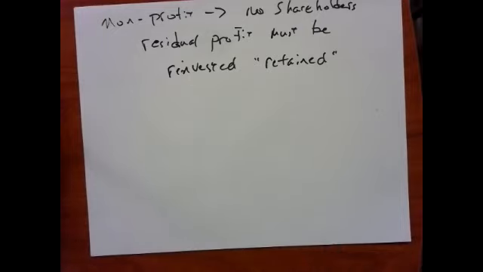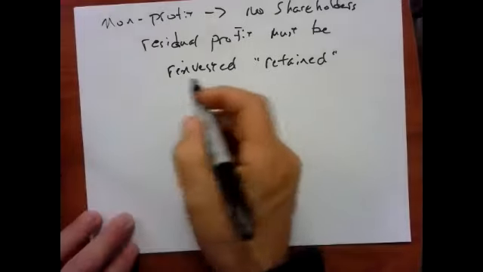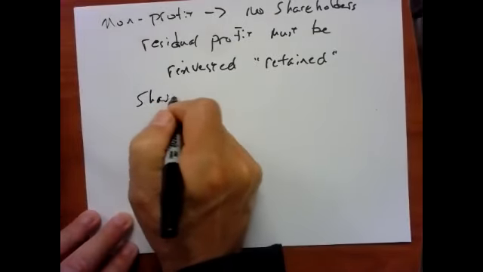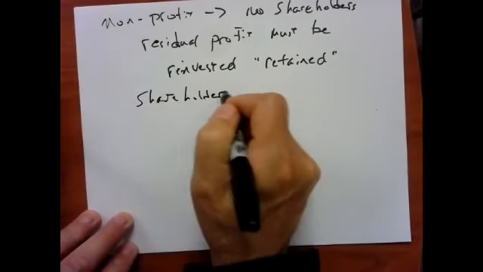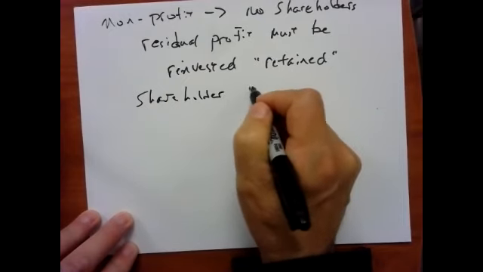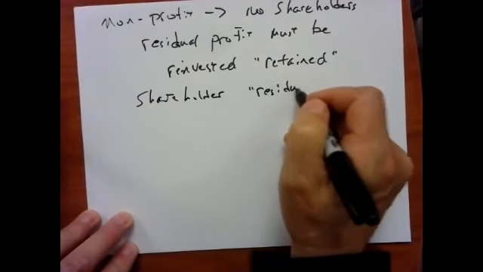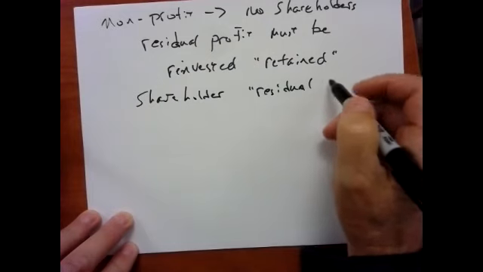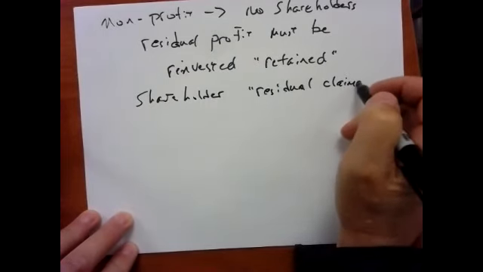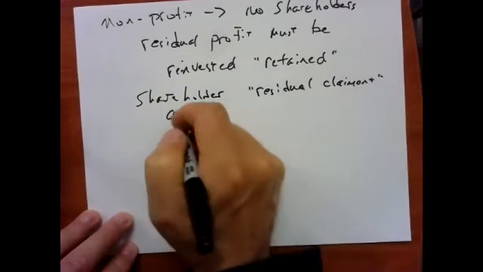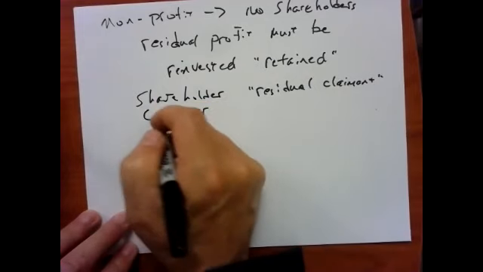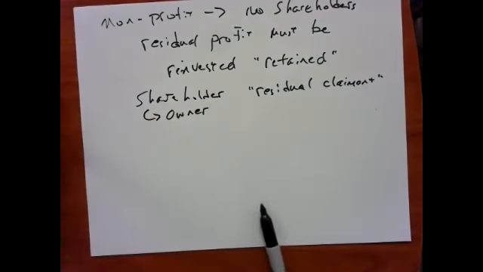Okay. A shareholder is called an owner, I should say, a residual claimant. Shareholders are a kind of owner, so all owners are residual claimants.